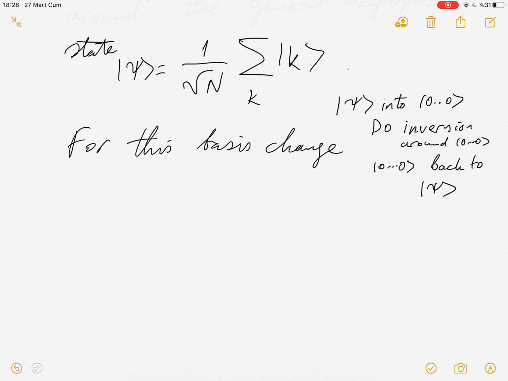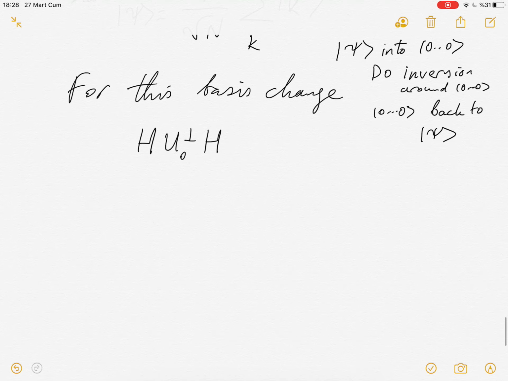So it looks as if we did an inversion around psi. Okay. So for this purpose, we define the operator h times u perp times h. This will do the job.